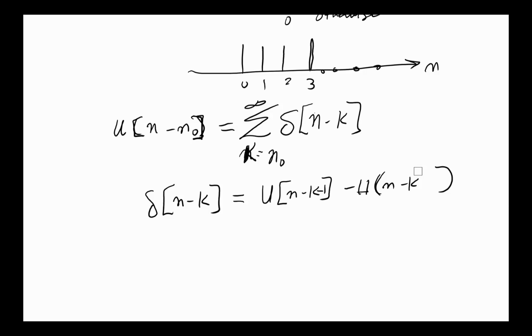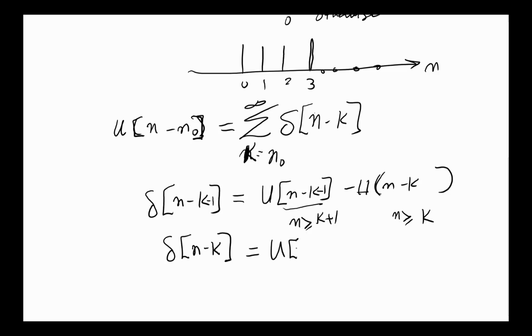Let's find out what we got here. It says n larger than or equal to k plus 1 is 1. This one, n larger than or equal to k is 1. So what I'm representing here is actually delta n minus k minus 1. If you wanted to represent delta n minus k, you're probably better off doing the step function of n minus k and subtracting the step function of n minus k plus 1.